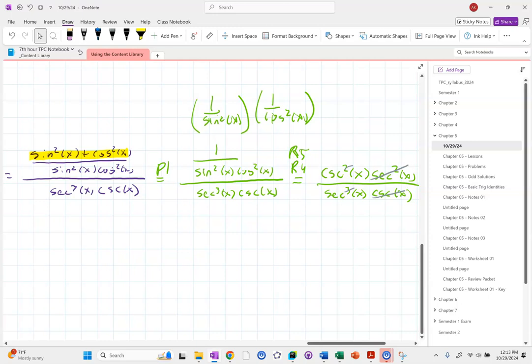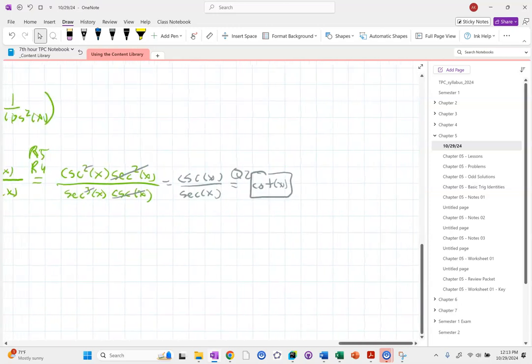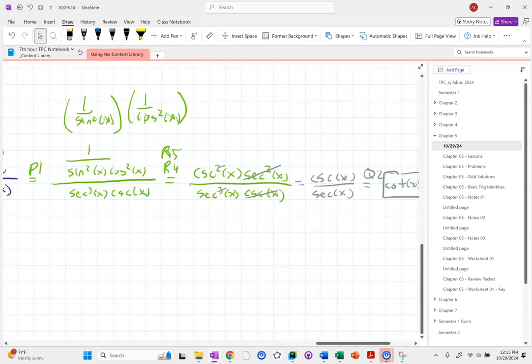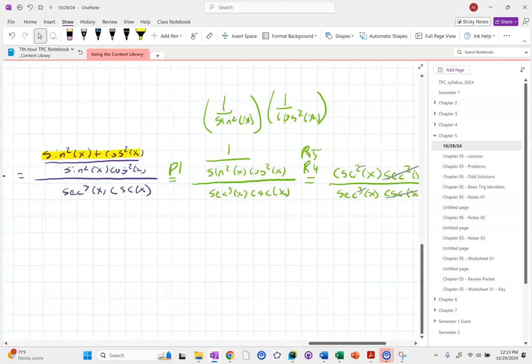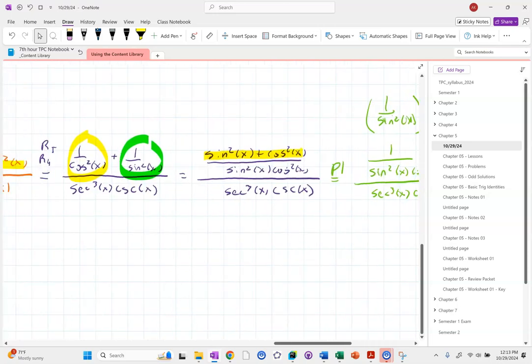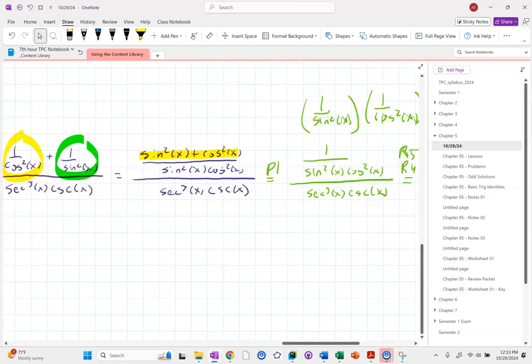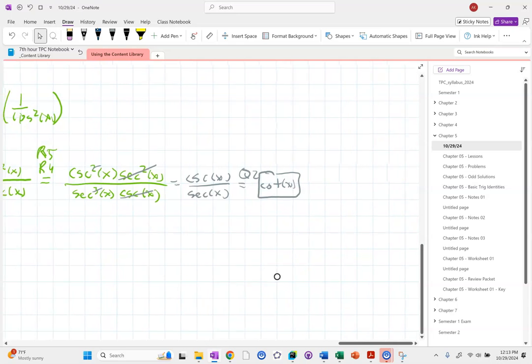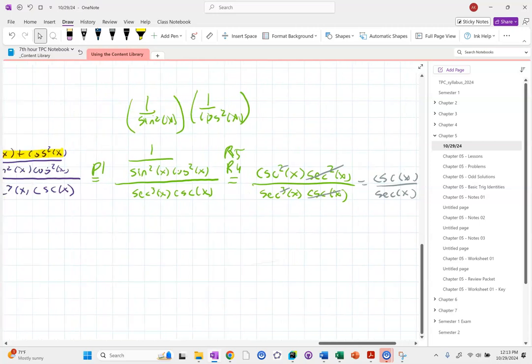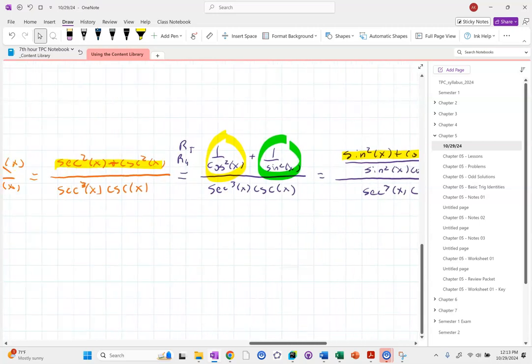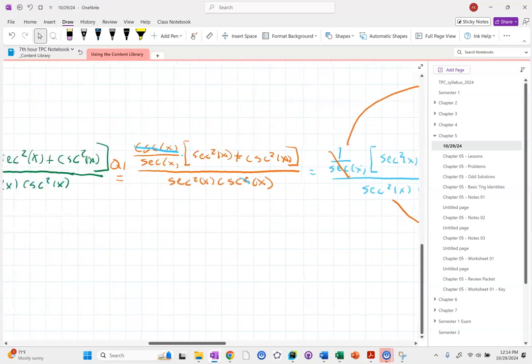Let's see. Where did I goof up here? I don't know. We made some kind of goof up somewhere. Because I end up with cotangent instead of tangent. Let's go back here and take a quick peek.